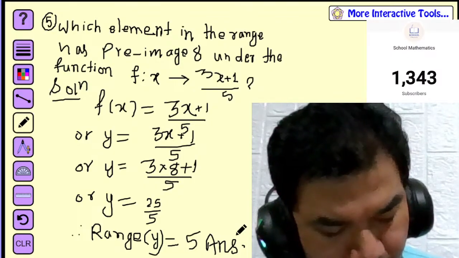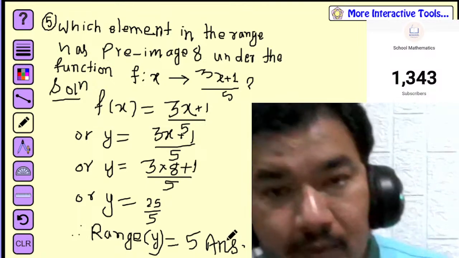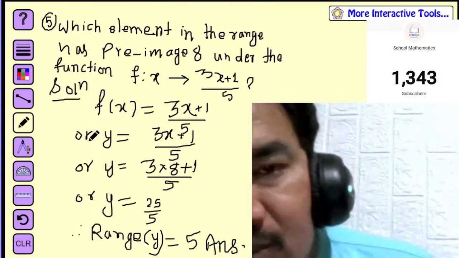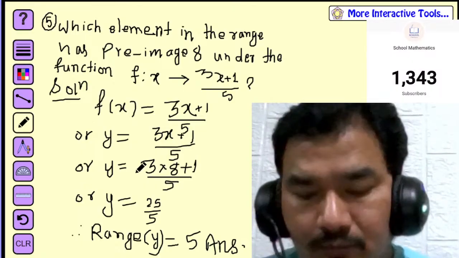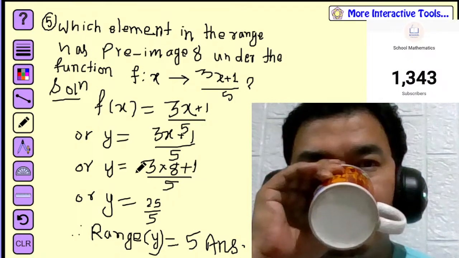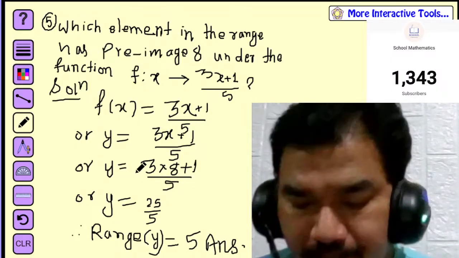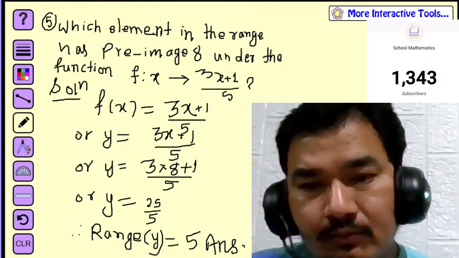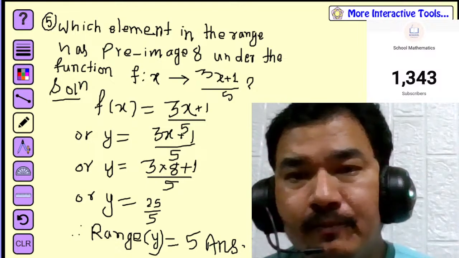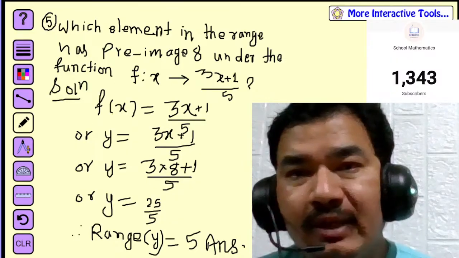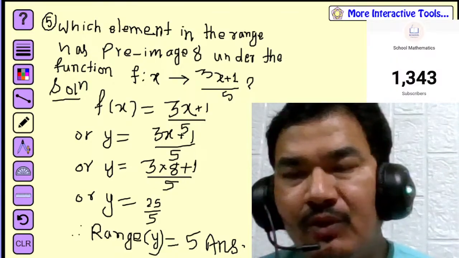The pre-image is given as the value of x, then we found the range, and range is y. I hope you understood it.